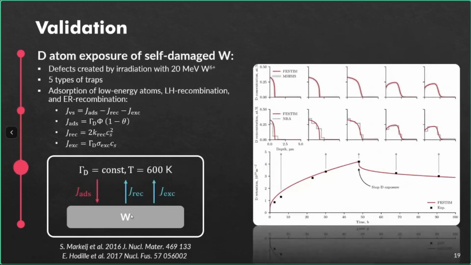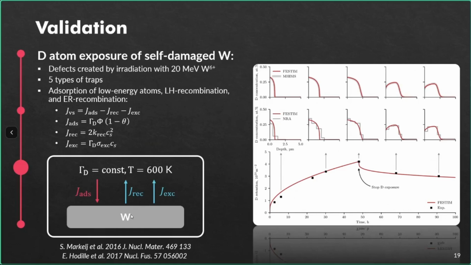The third case is a more complex one. It reproduces the results from the experiments on tungsten exposure to low energy deuterium ions.